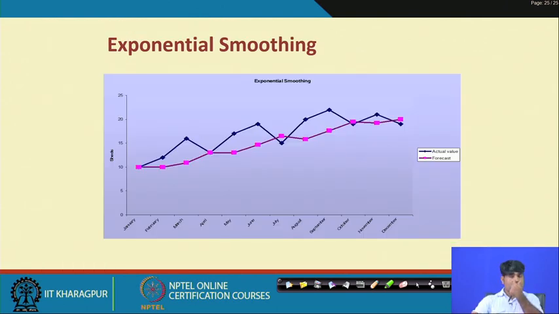Every time, in a tabular format, you can check the stability and the error component, then plot, and check the best ones as per the particular requirement. This is the graphical plotting. Here the red line is the forecasted line and the black one is the actual line. So, the difference by default will have the error component.